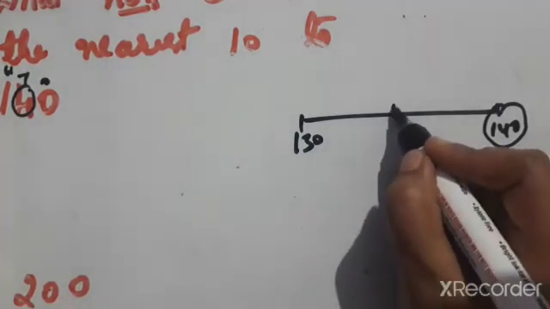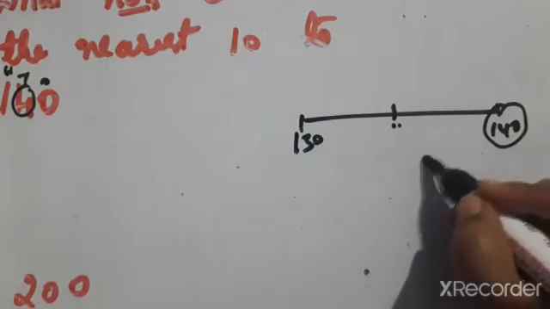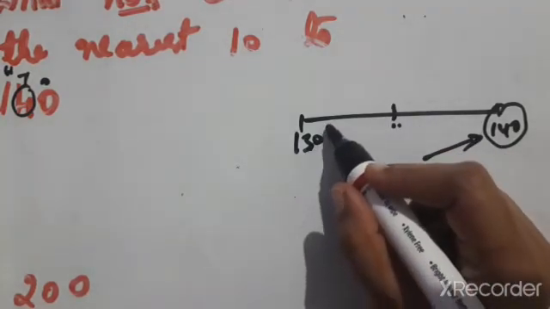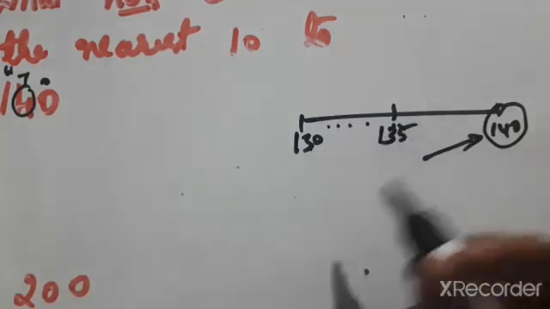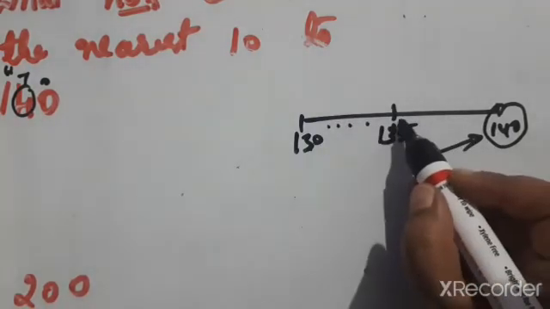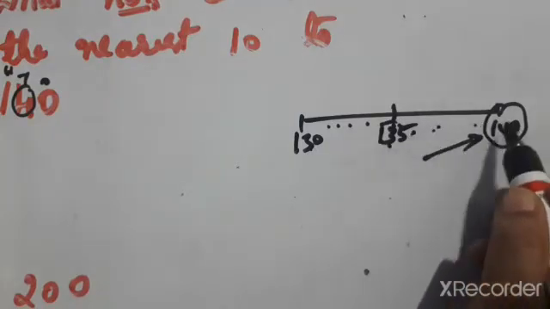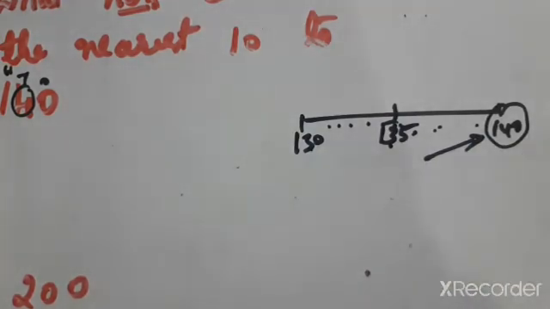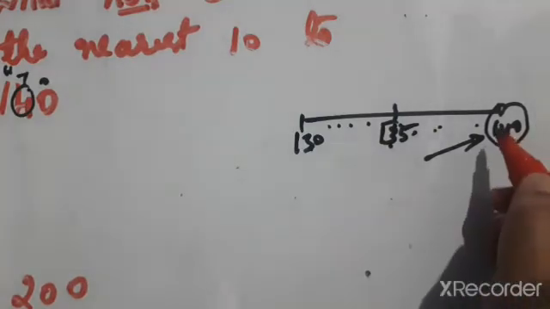We know that exact 5 or greater than 5 moves to the next place. So exact 5 in the middle means 130, 31, 32, 33, 34, 135 is the middle. This number and greater than this number will move to 140. So here numbers between 135 to 140.